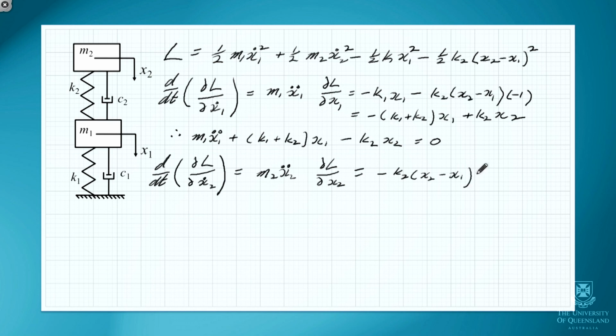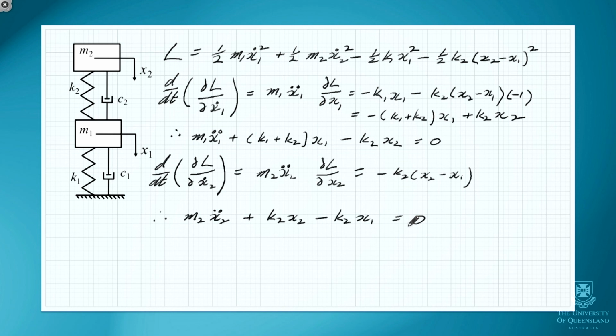You check what's inside the bracket, but this time it's just a plus 1 in front of the x2, so there's nothing else going on. So therefore we can put those together and write down our equation of motion. And it'll be m2 x2 double dot minus dL/dx2, so now plus k2 x2 minus k2 x1 equals 0. Note again here the term in x2, the k2 x2, is positive. We have an equation for oscillation.